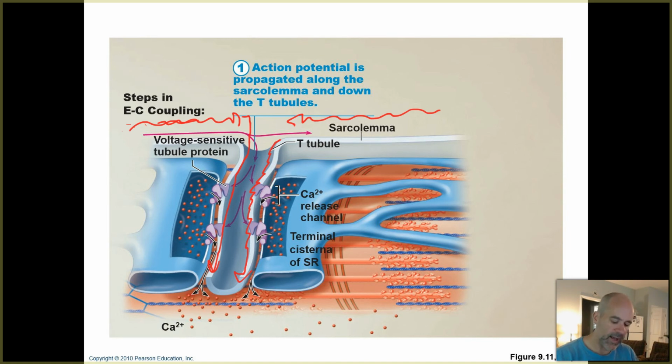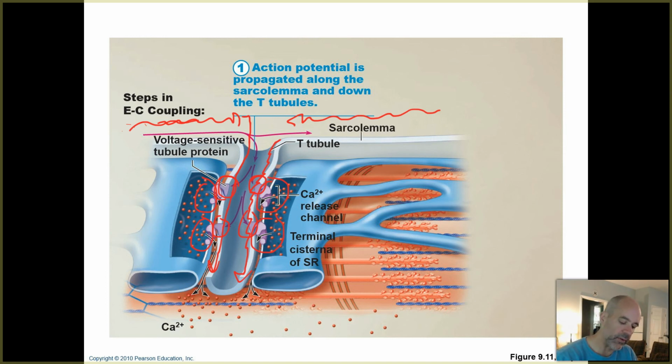All right, and as that happens, there are proteins sitting there in the membrane that respond to that change in voltage, and they cause calcium channels to open. That's what they're showing you in 4 different locations here on the diagram. So that action potential spreading down the T-tubules causes calcium channels to flip open.